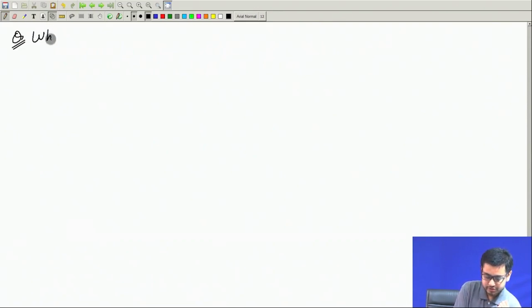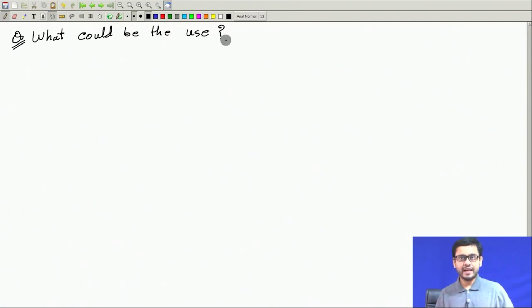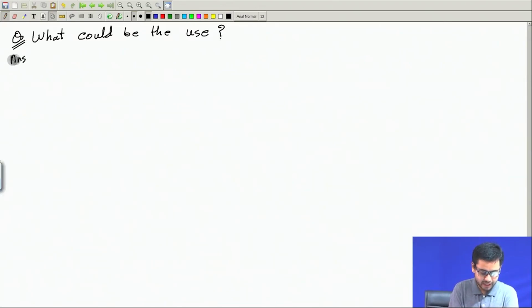So what is the use? What could be the use or application? It can have many uses. I'll just talk about only one. This can be used as a pulse generator.